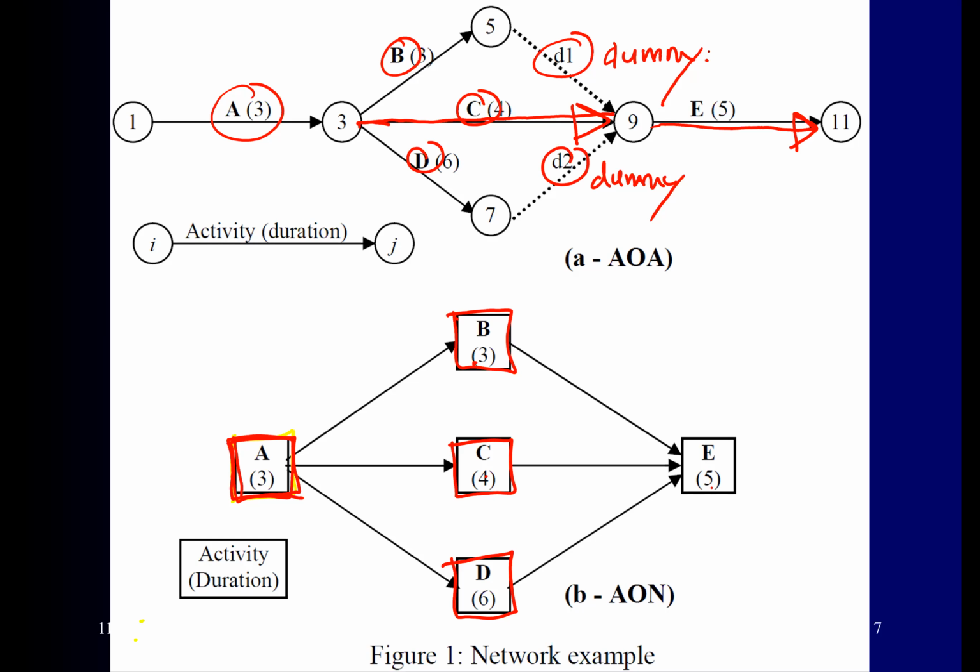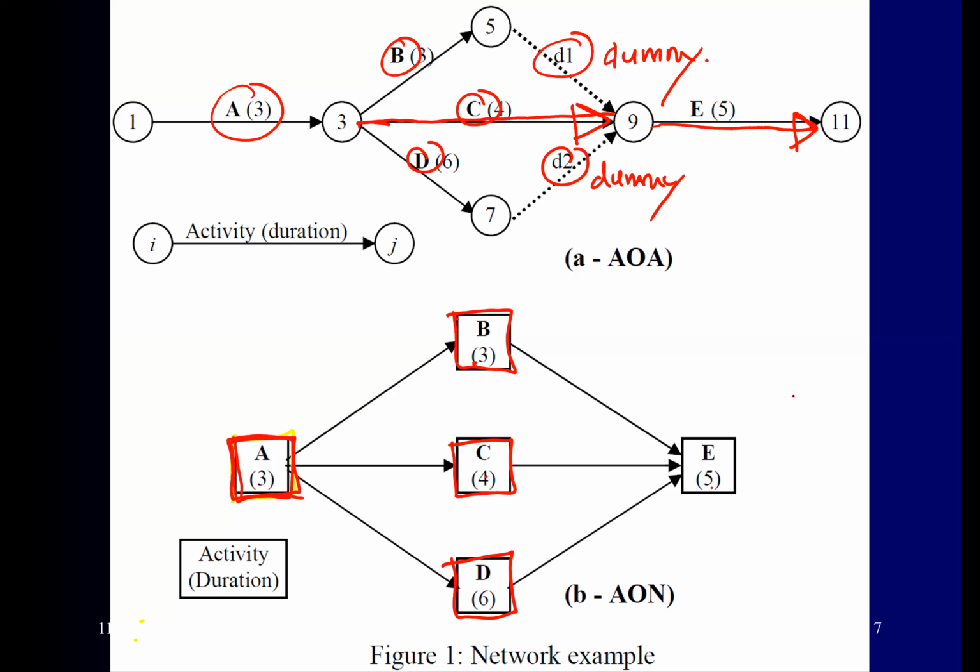And you notice that for the AOA diagram, the diagram could later become more complex in order to accommodate many dummy activities to show the right relationship. Whereas for AON, the diagram itself is very simple, straight to the point.